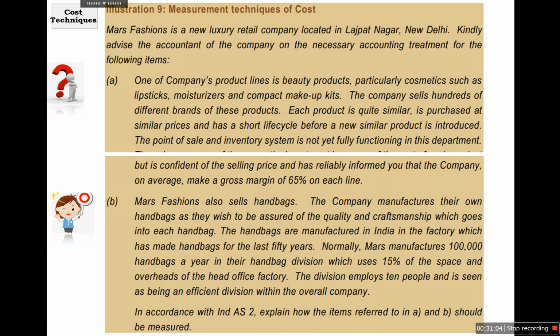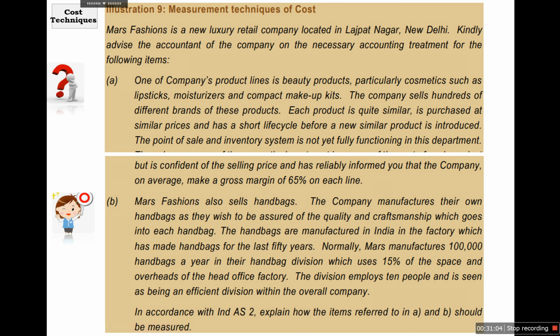If we have items of a similar nature, for example, I am having 1000 LEDs, and I am having a firm contract for 500 LEDs that is more than the cost price of LED, so I am not going to book an NRV loss for those 500 LEDs, because I have a firm contract.